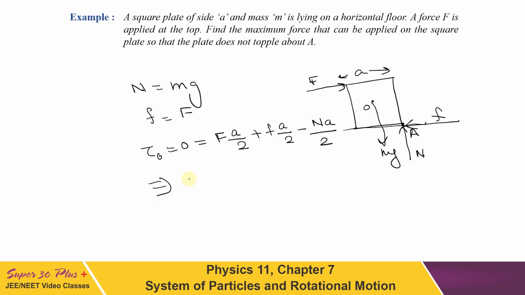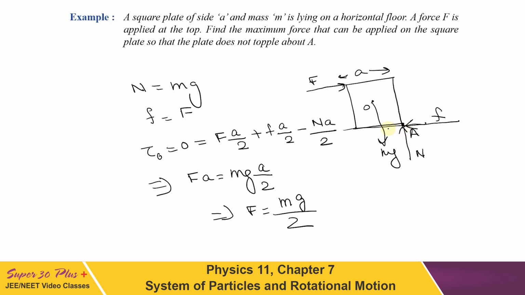This implies that FA will be equal to mgA by 2, which on solving will give F equal to mg by 2. This is the maximum force for which the plate will not topple about A.